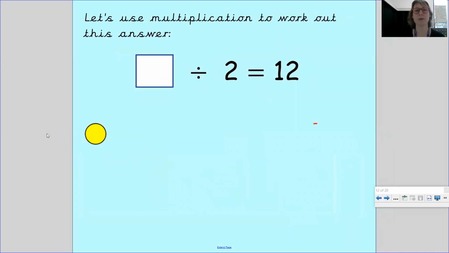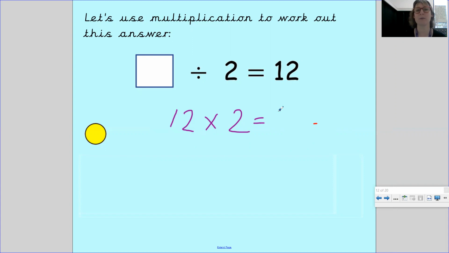Okay, so let's see if we can do this one then, this time the other way around. Instead of doing divide, we're going to do 12 times 2 to help us find the answer. Now, I don't have 12 fingers, so I'm going to have to use my eyes as well. 2, 4, 6, 8, 10, 12, 14, 16, 18, 20, 22, 24.